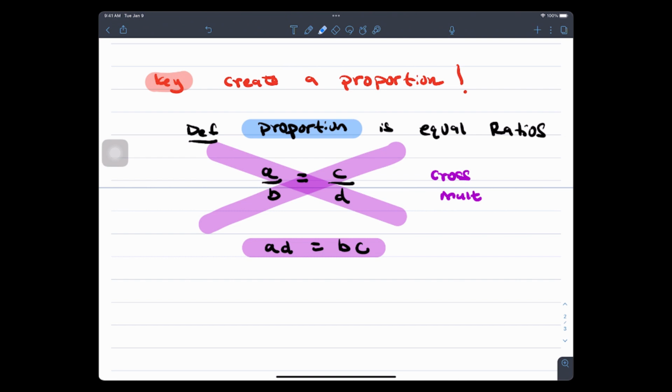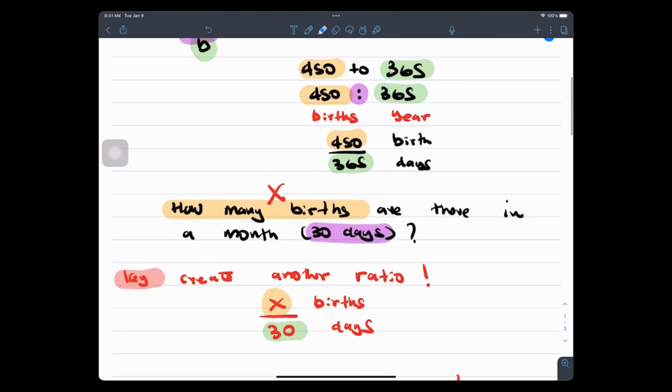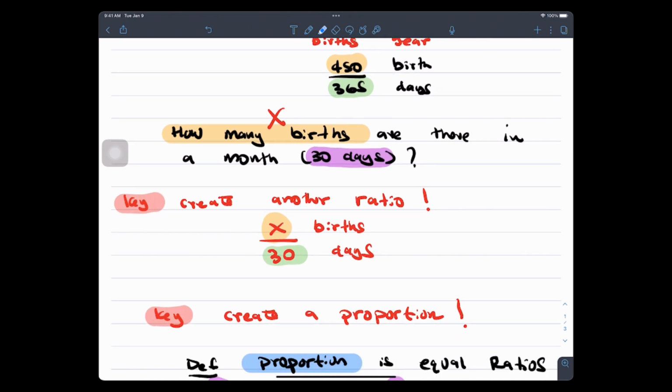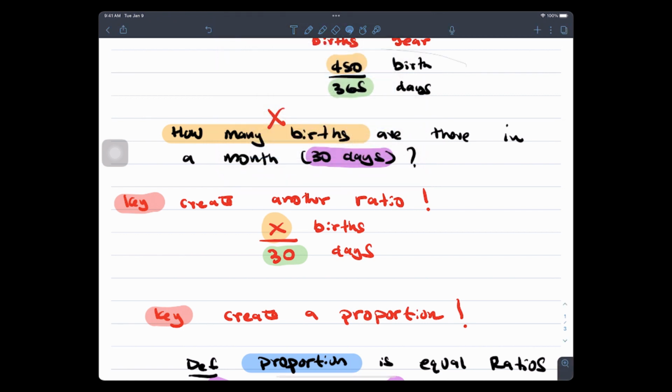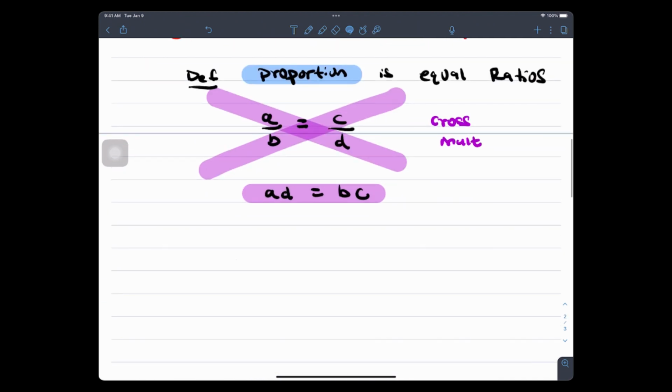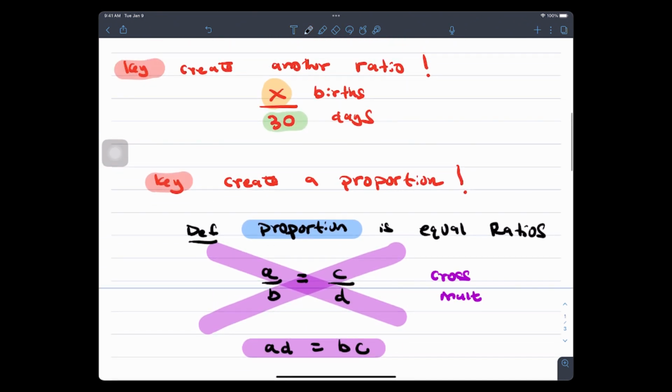Proportion is equal ratios. Now, here's the thing here, ladies and gentlemen. Remember what you did, and I said you always have to do? You're going to set these two ratios, which are rates, I'm going to copy that, okay? You're going to set these two equal to each other. The one they gave you has to equal the question here.